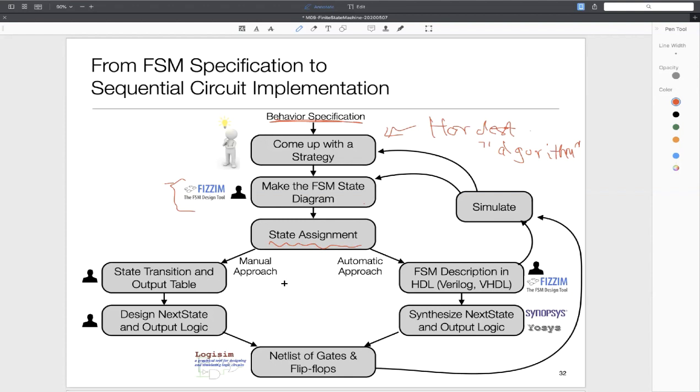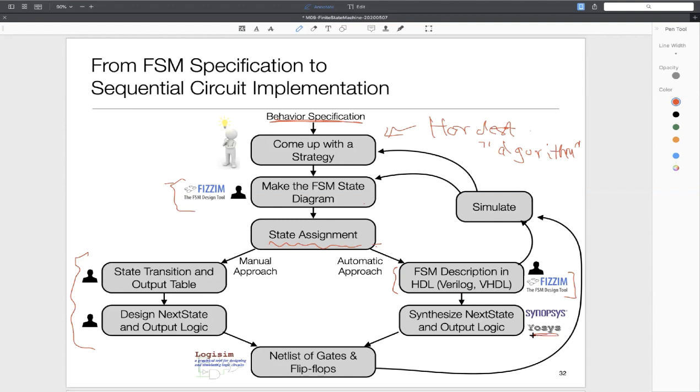And then we design the combinational logic. This part is pretty traditional; we have seen it. Once we have that table, it's just a matter of the Karnaugh map type strategy. Alternatively, once we have done the state assignment, we can write it in Verilog or VHDL, one of these languages, and a synthesis tool happily does it for you. For example, it can generate Verilog, and then you feed it into some tool.